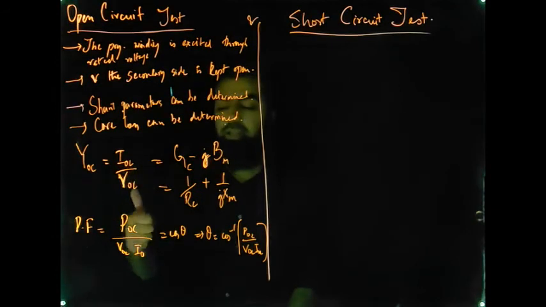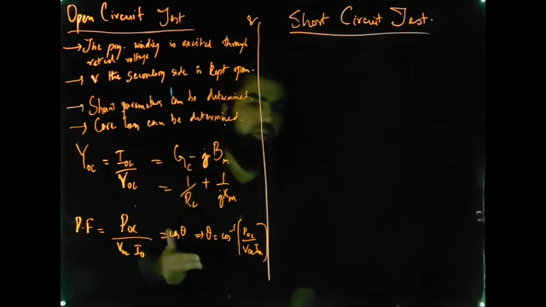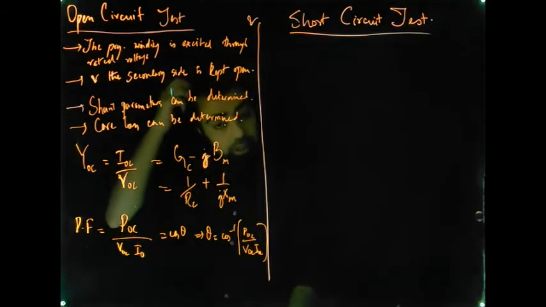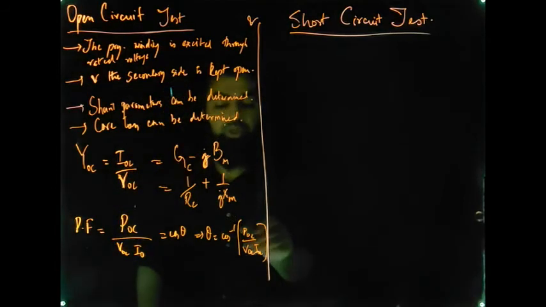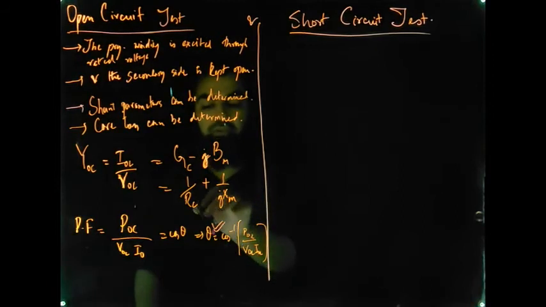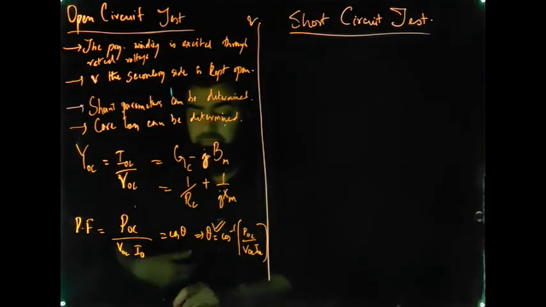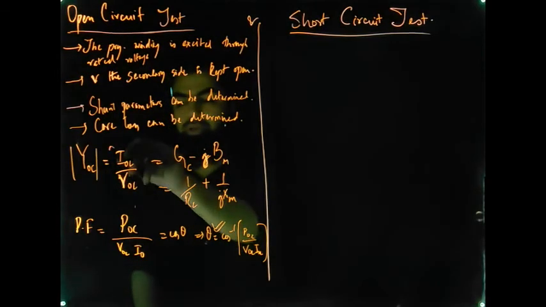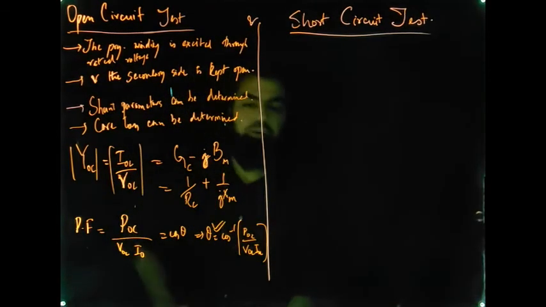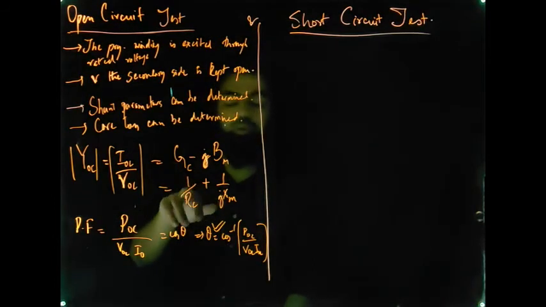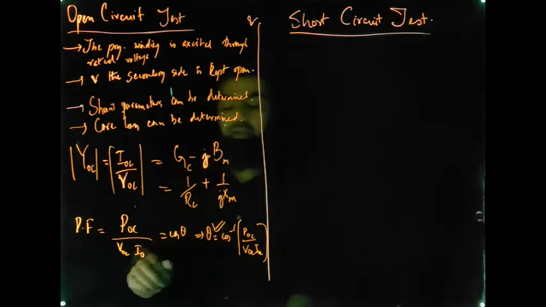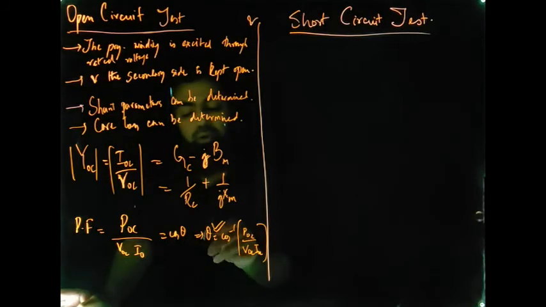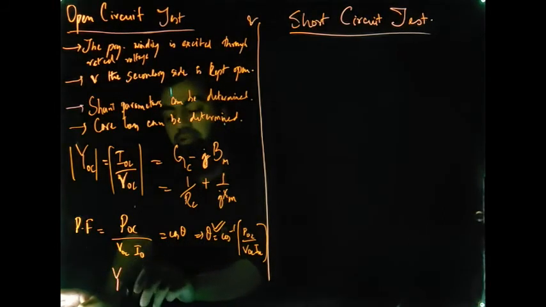VOC is the voltage that we will be applying experimentally. IOC is the ammeter reading that we can take. So we know POC, VOC and IOC, so we can determine theta from here. If we know the value of theta and we know the magnitude of IOC divided by VOC, we can get to know the magnitude of 1 by RC and 1 by XM, and with the angle theta we get the complete YOC.